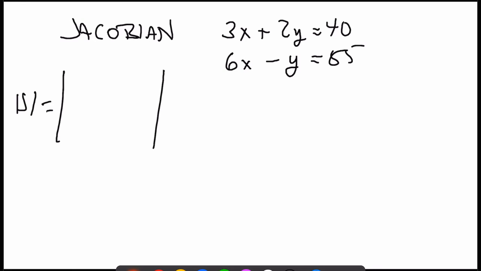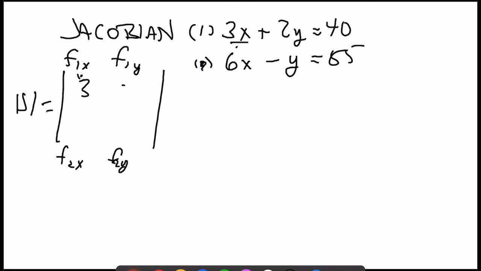Yes? So this is the partial of, so we have equation 1 and equation 2. This is the partial of 1 with x and 1 with y, and 2 with x and 2 with y. Okay? So we're going to have 3 and 2 and 6 and minus 1, right?